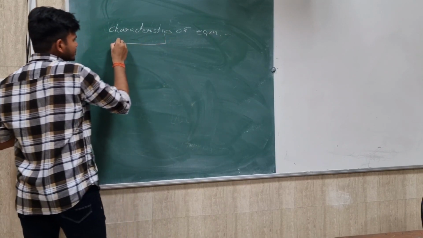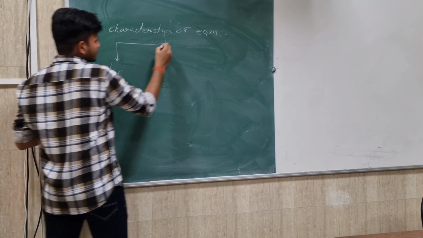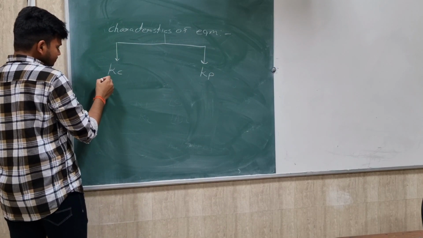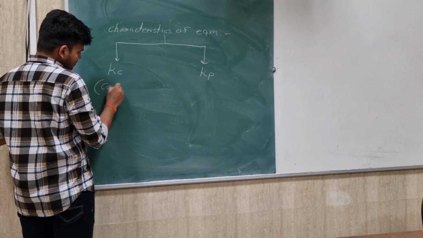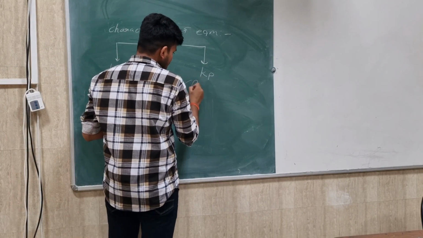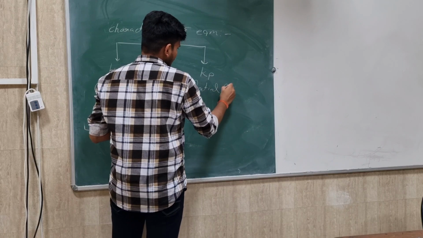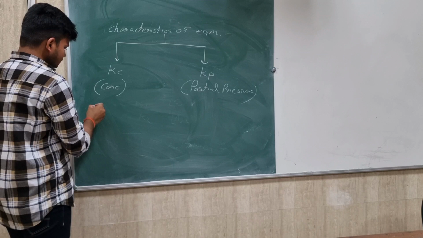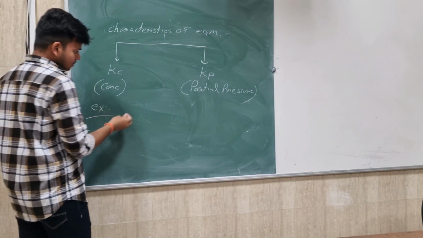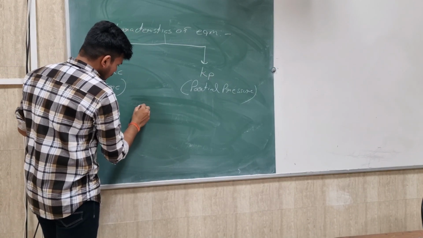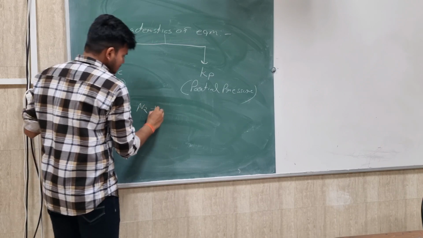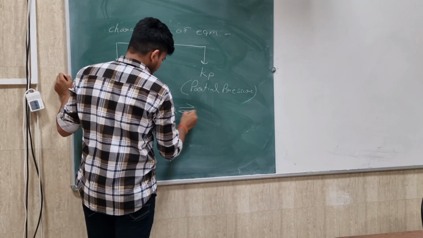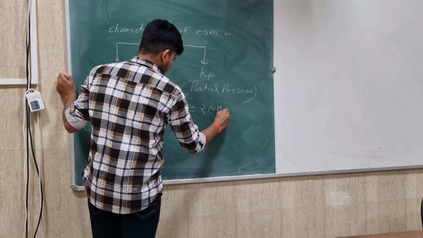There are two types. First one is the Kc. Second one is the Kp. Kc is the concentration. Kp is the partial pressure. Let's see. For example, we can take N2 plus 3H2 that gives 2NH3.